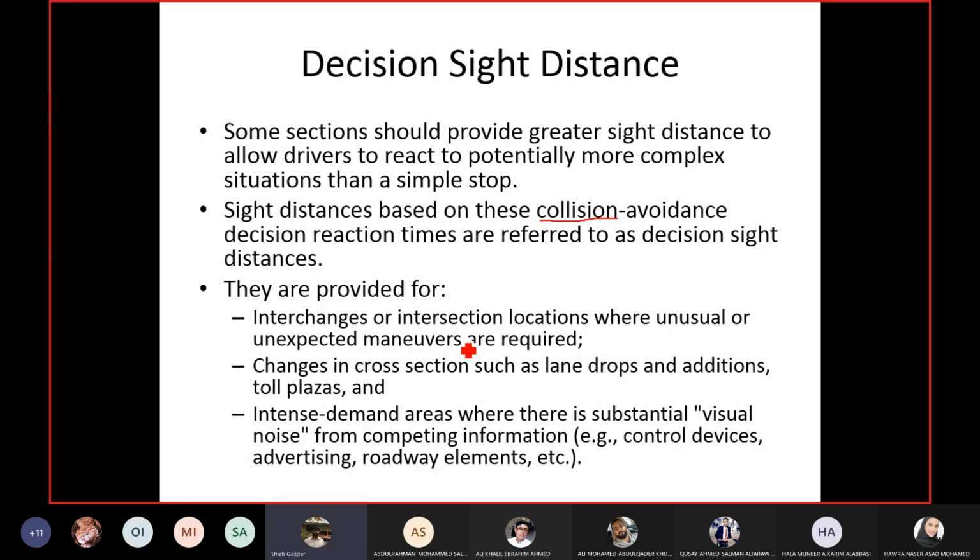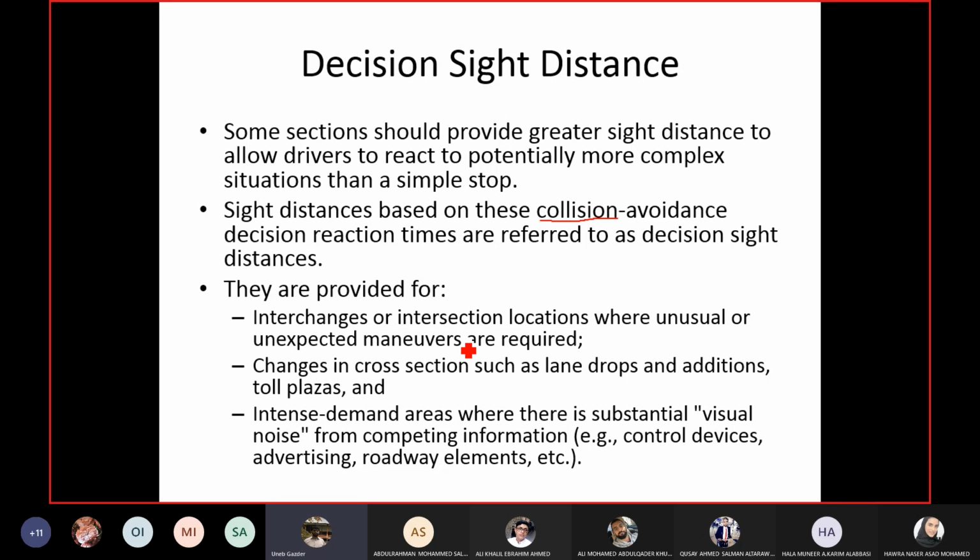At these locations, you should provide decision sight distance, because you may find drivers doing something unexpected or unusual. For example, some drivers may realize they are in the wrong lane and try to change lanes very close to the intersection. Or a driver is coming at full speed, and when he comes close to the intersection he sees the signal is yellow and suddenly decides that he cannot go ahead and should stop.